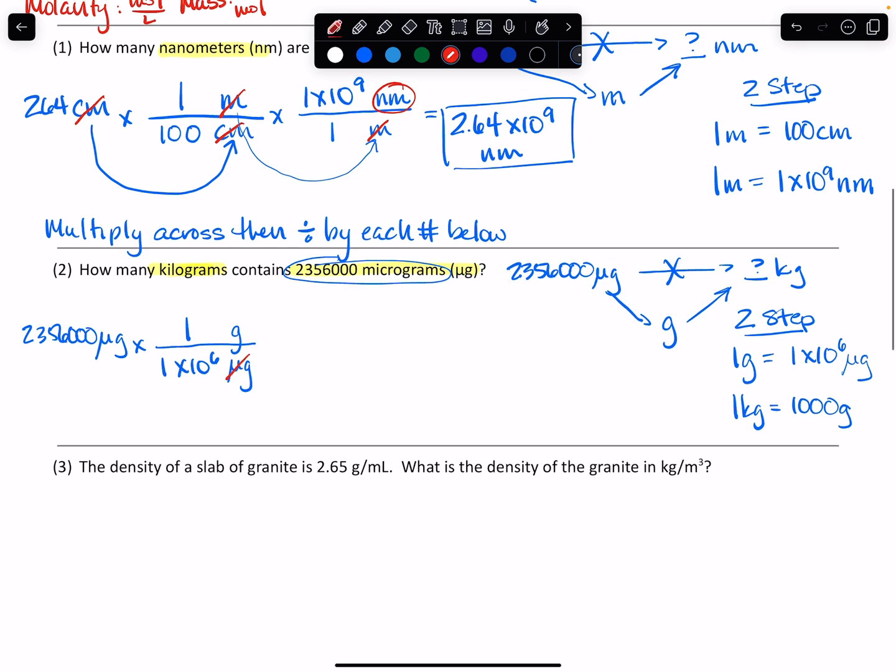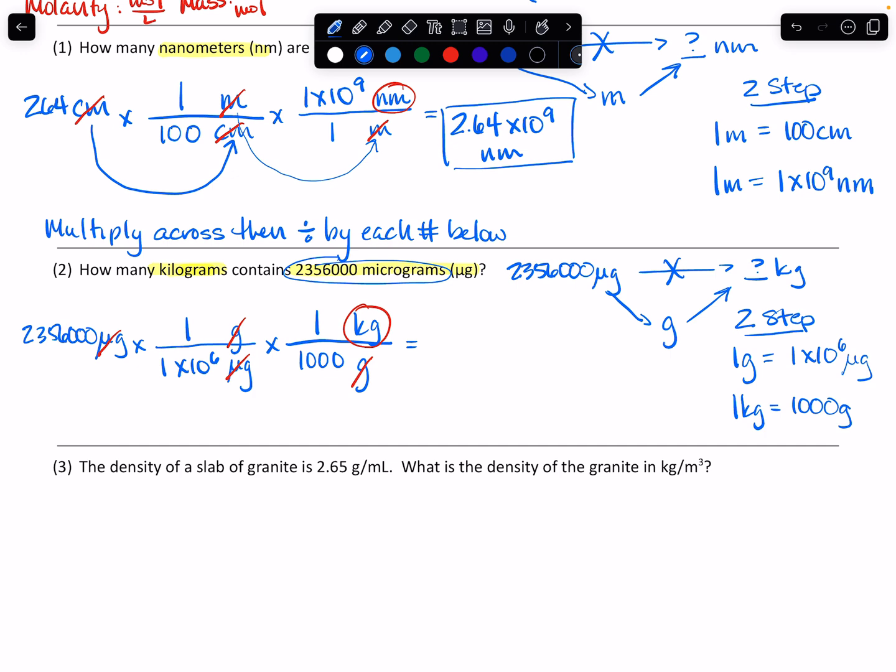That's going to let me cancel those micrograms and leave me with the gram. I move on to my second conversion factor, this time grams in the bottom, kilograms up top, and I know that 1,000 grams is equal to 1 kilogram. Again, cancellation, my grams are going to cancel. I'm now left with kilograms, which is what the answer asked for in terms of units.